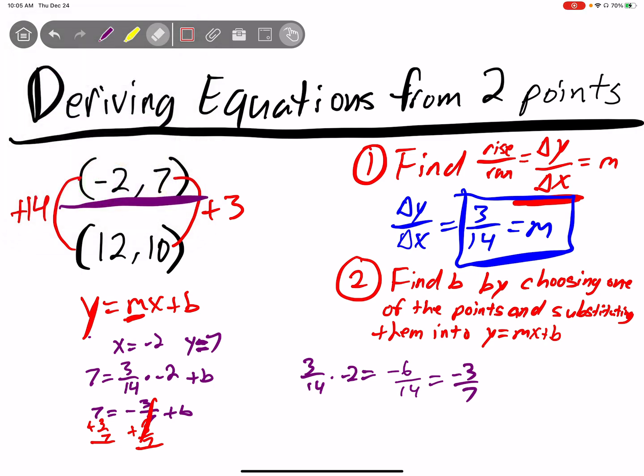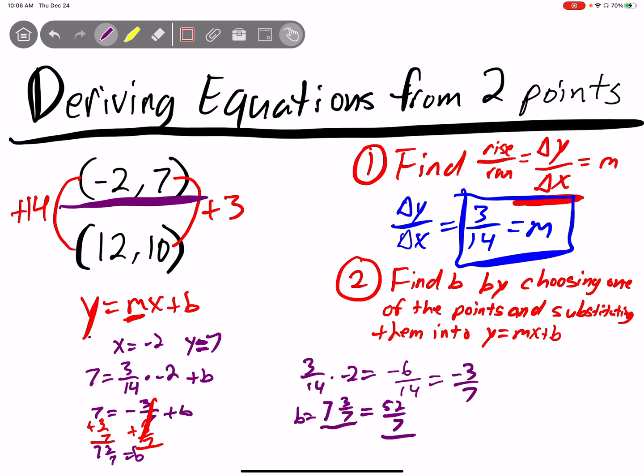And I'm left with, this one's not too bad, I can do 7 and 3/7 equals b. So in this case, b equals 7 and 3/7. b also equals 52/7. Okay, either one of those work, and I have everything I need.